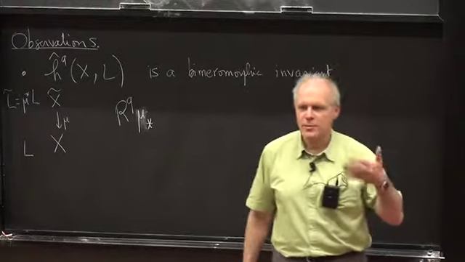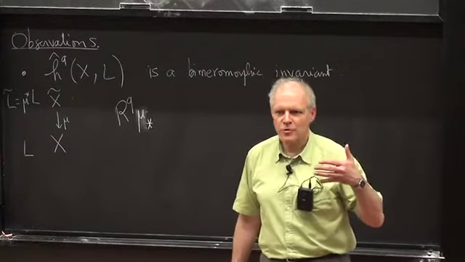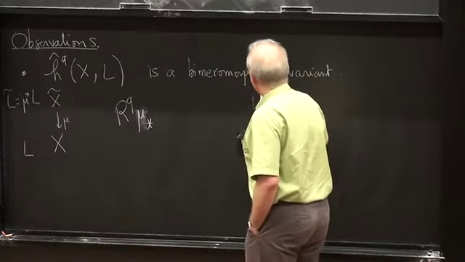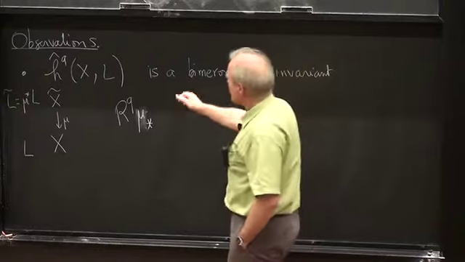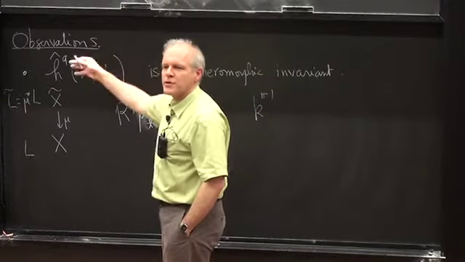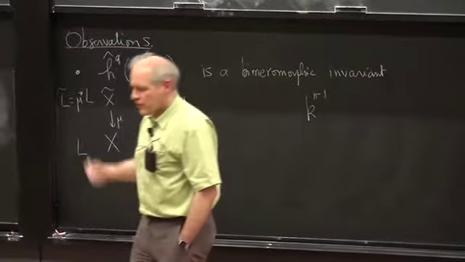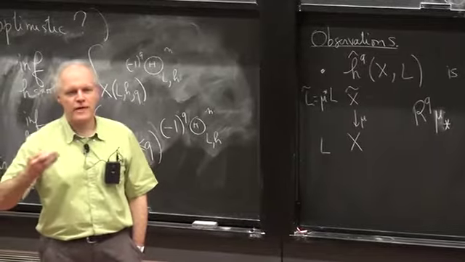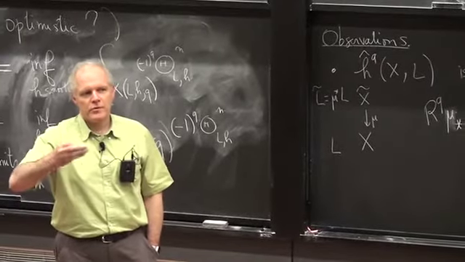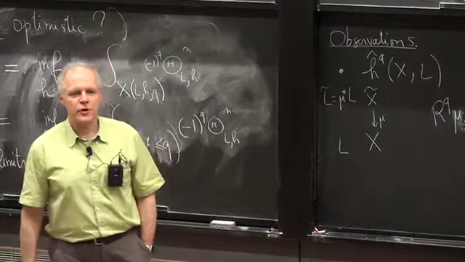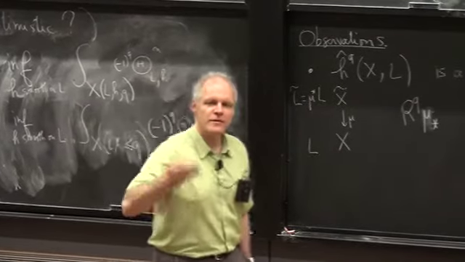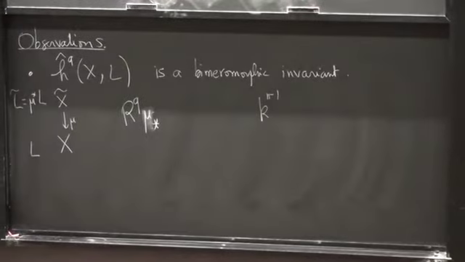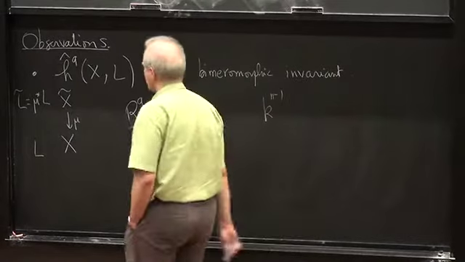So what happens on the exceptional locus counts at most for k to the n minus 1, because this is cohomology of a line bundle on something which is of lower dimension. So for this reason, you are counting volumes. Analytically, you could think of that as saying that you modify the curvature on a set of measure 0, so you don't modify the integrals. If you blow up the manifold, you don't change the global volume. Okay. So this is a bimeromorphic invariant.